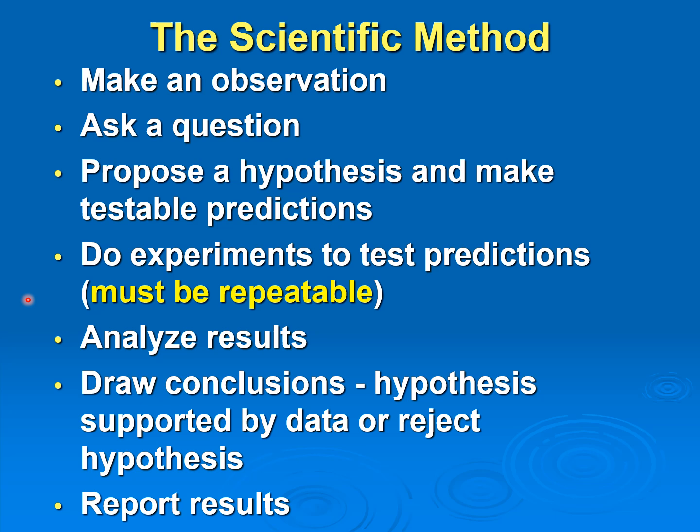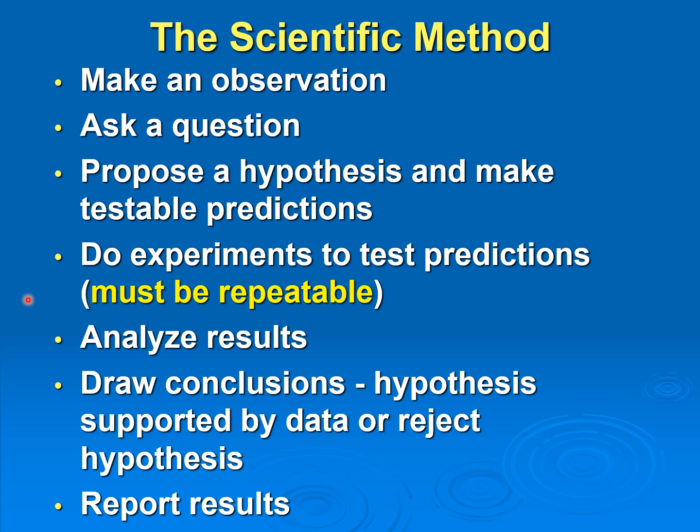And these experiments must be repeatable by other scientists. And then we'll analyze the results and draw conclusions. So either the hypothesis will be supported by the data we've collected, or it's not supported, and then we reject our hypothesis and start over. And then we report the results in peer-reviewed journals.